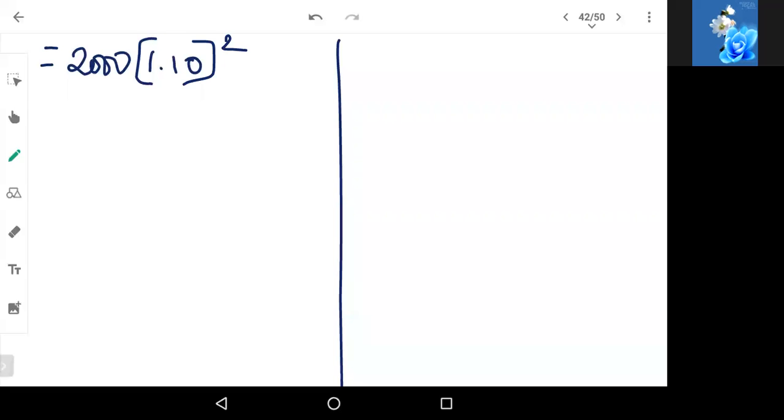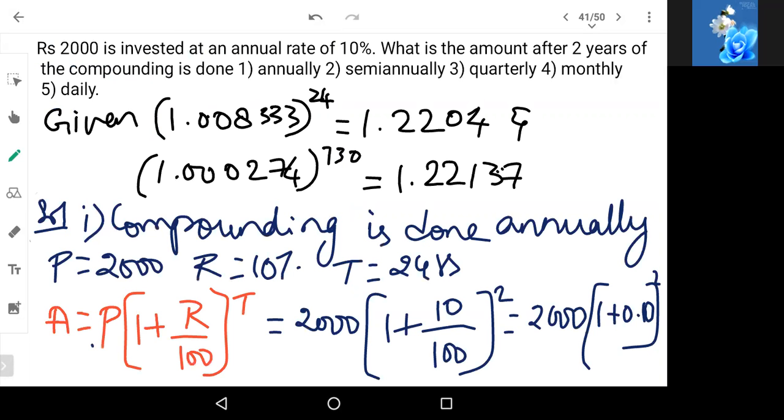So 1.1 into 1.1 will give you 1.21. 10 divided by 100 is 0.1 plus 1. If you do, you'll get 1.1. Correct.